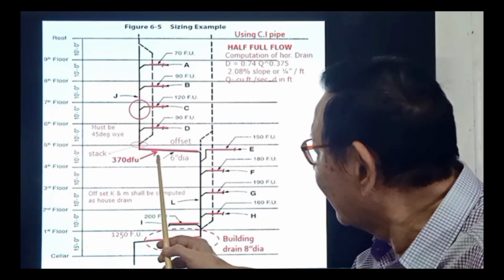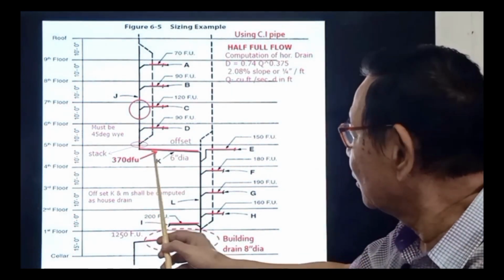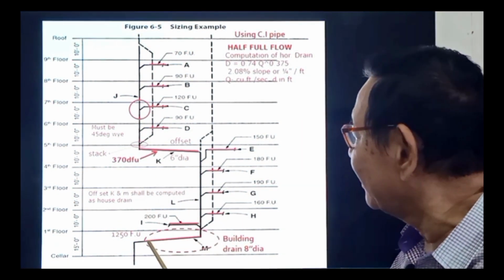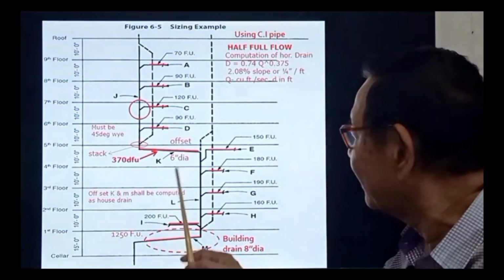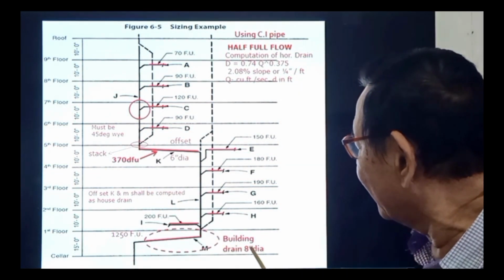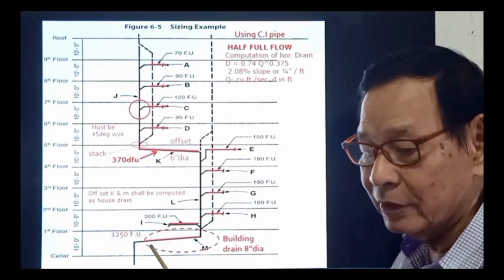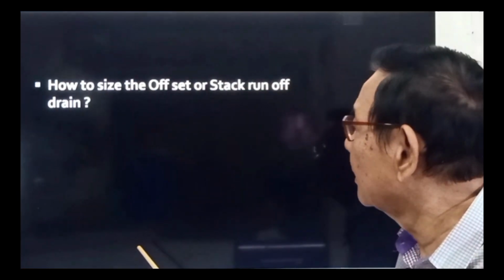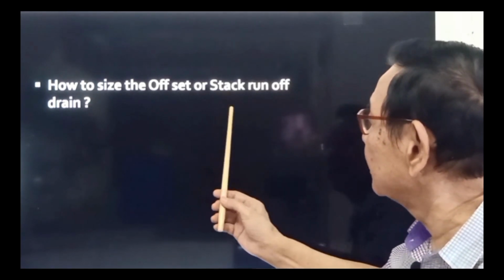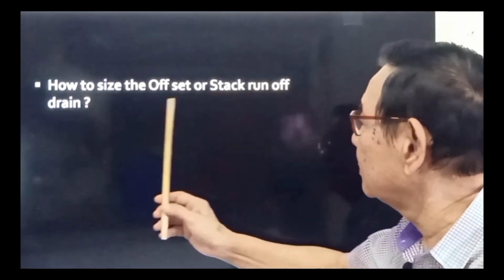So, how about this offset? What is the diameter of the offset? I say there 6 inches, but I will show you the solution. How about this building drain? I say it is 8 inches, but I will show you the solution. How do you size the offset or stack runout drain?